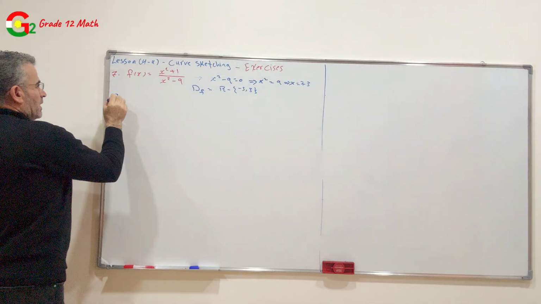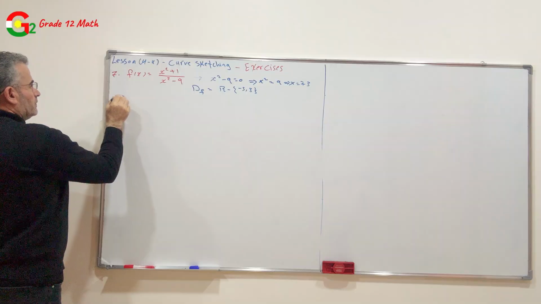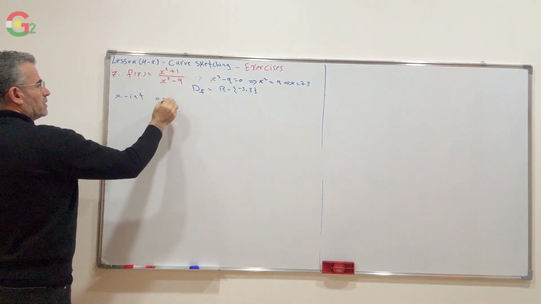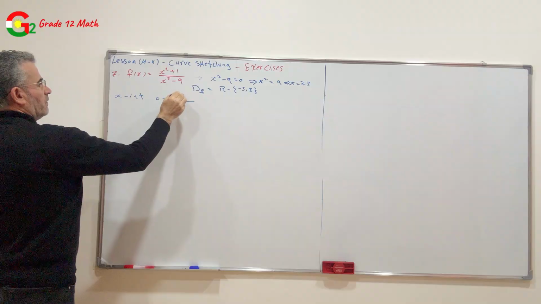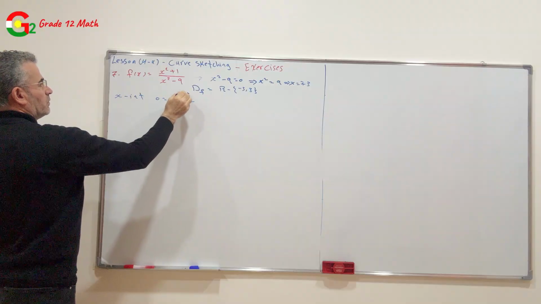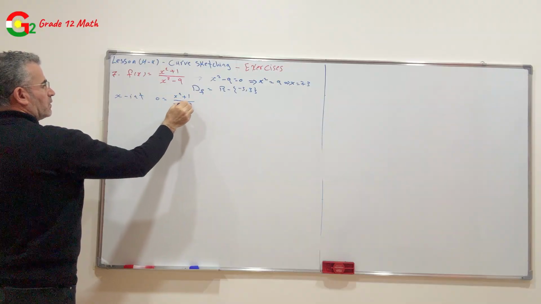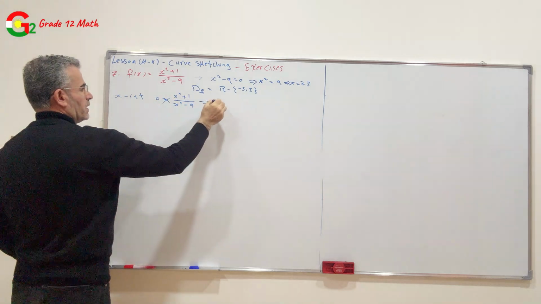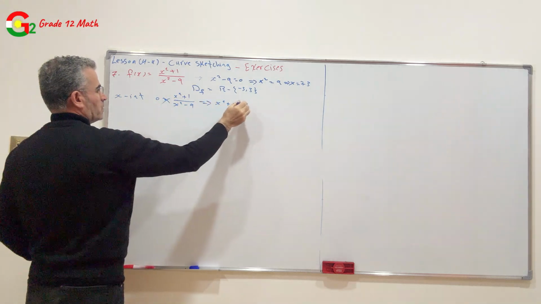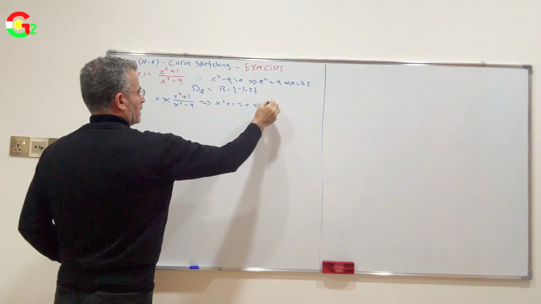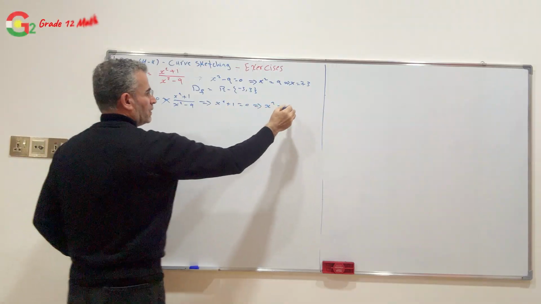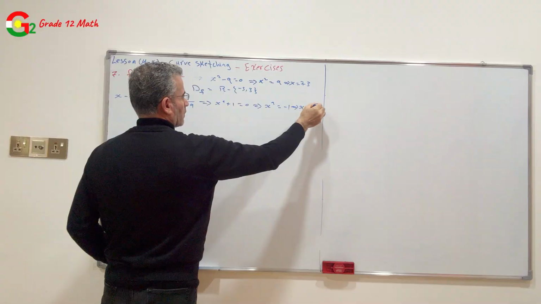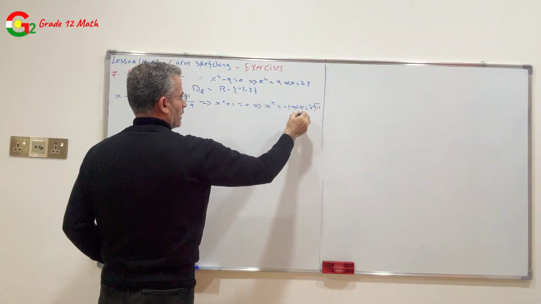For the x-intercept, set y equals 0. The function will be (x^2 + 1) over (x^2 - 9) equals 0, cross multiplication, then x^2 + 1 equals 0. That means x^2 equals negative 1. It means x equals plus or minus the square root of negative 1, not a real number.